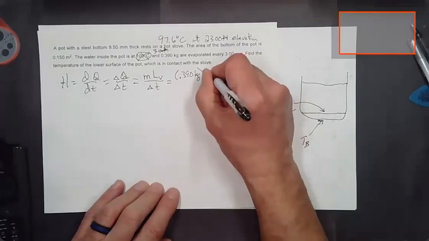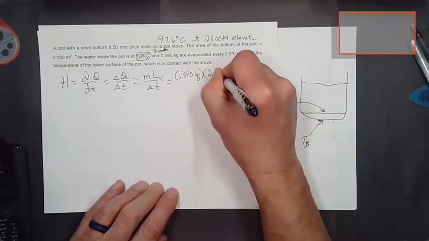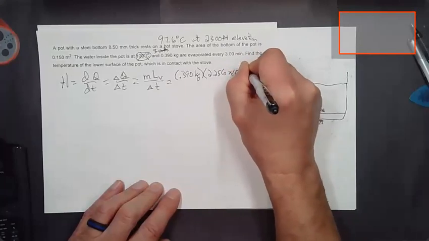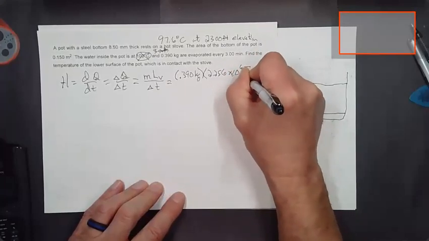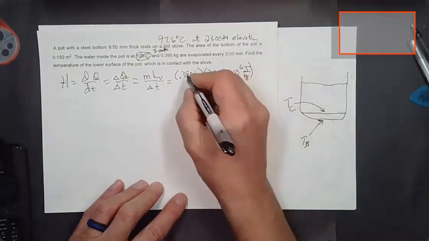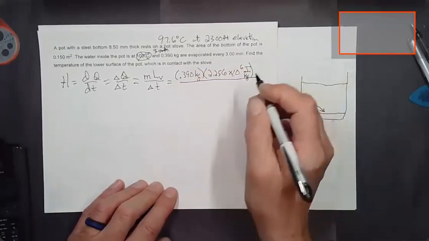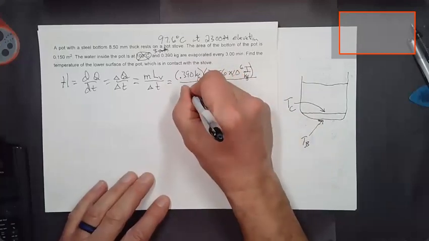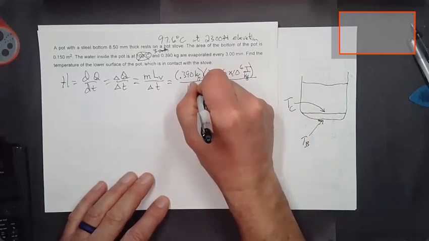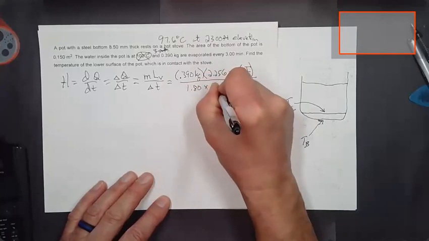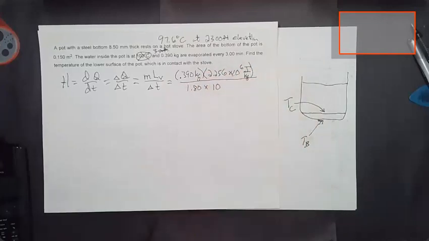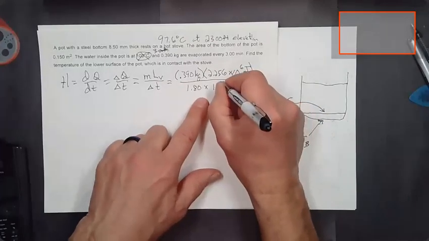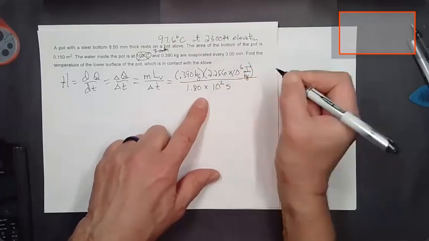Joules per kilogram. Okay, and that's the amount of heat that has to be going into this thing every 1.80 times 10 squared seconds.